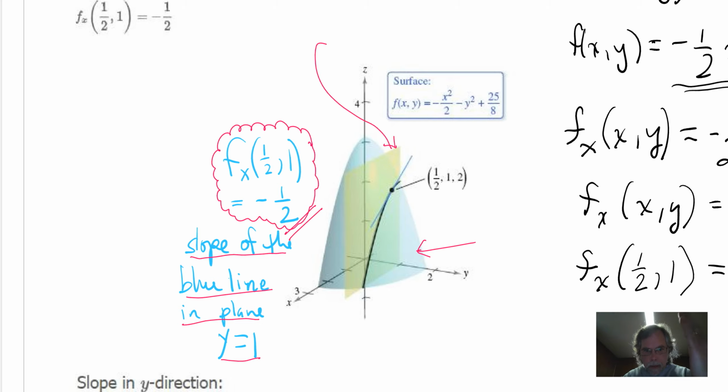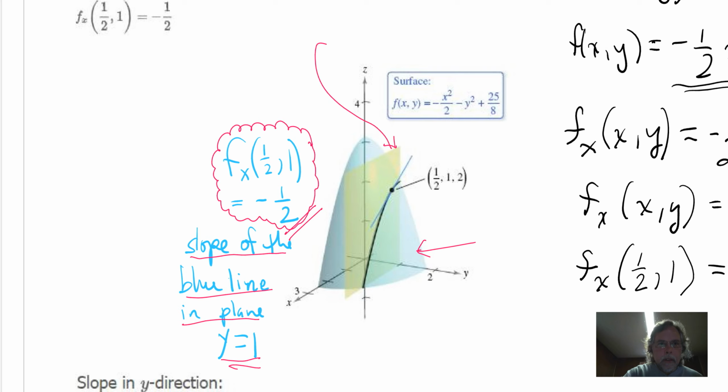The intersection of that surface with that plane is this black curve on which our point of interest lies. The tangent line to that curve has a slope of negative 1/2.